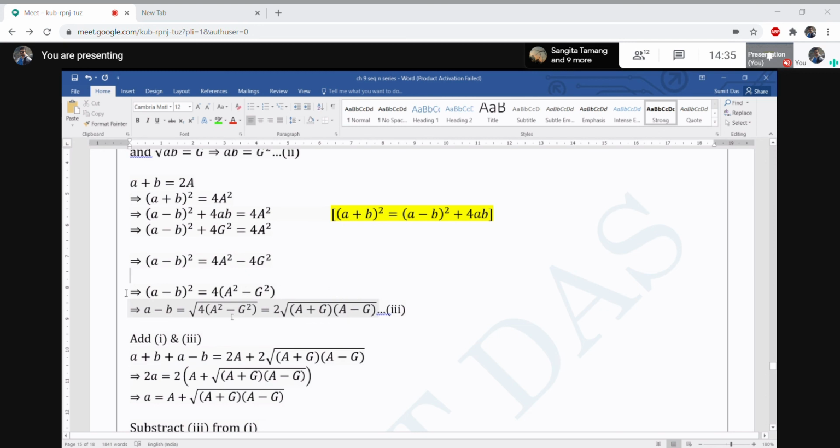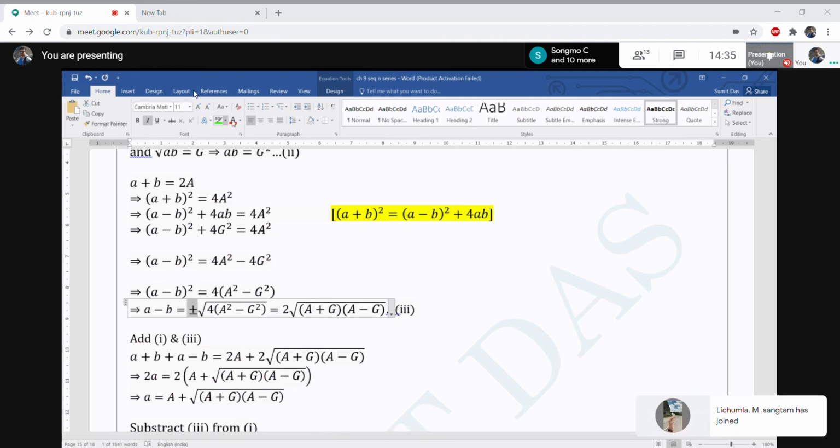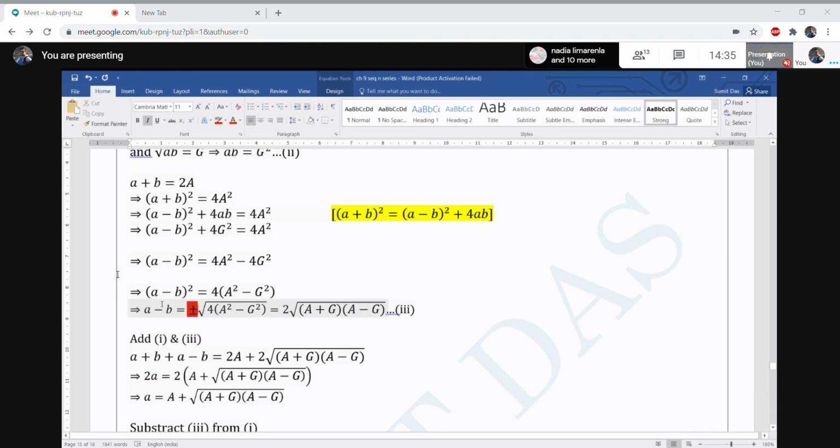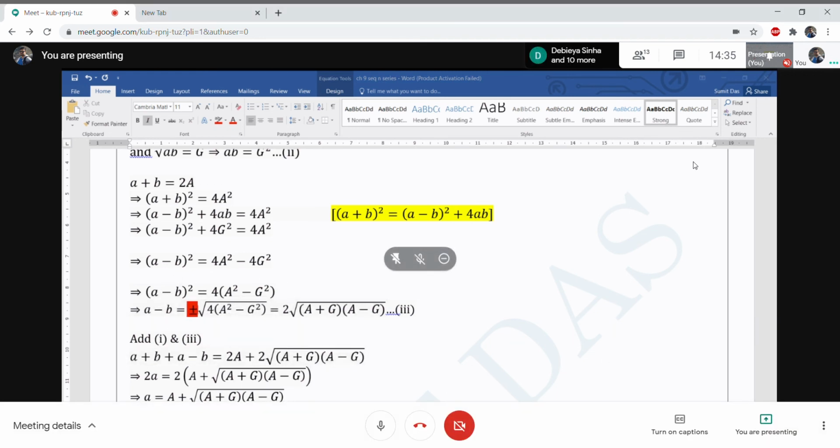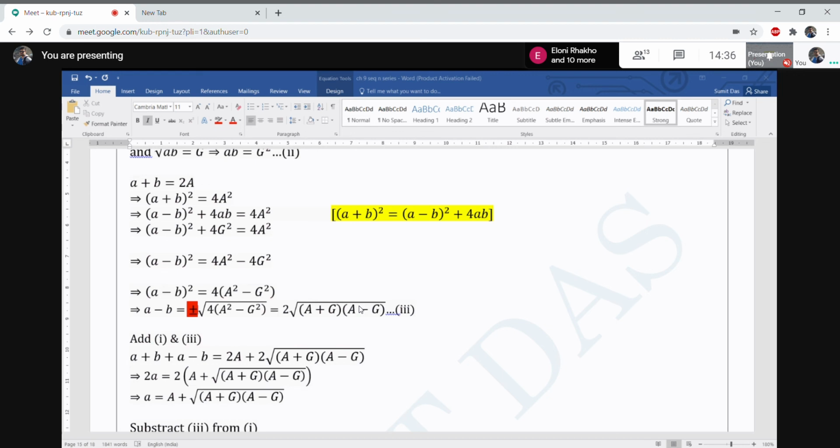Can anyone tell me why I'm not writing plus minus here? You can see always when I used to write a minus b whole square equal to this, but here I'm writing a minus b equal to only square root, not plus minus. Can anyone tell me why I'm not using a minus b equal to plus minus? Let's see how many of you are learning maths.